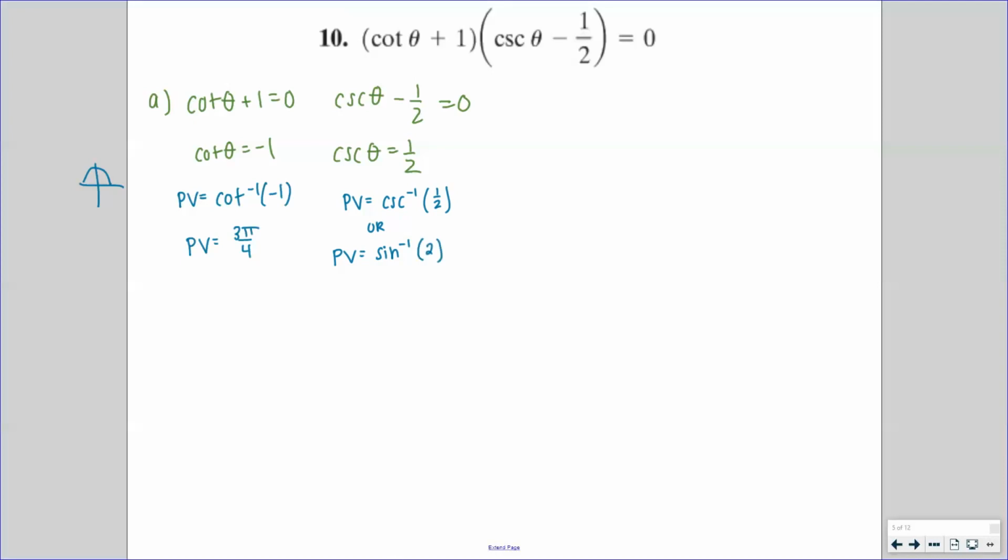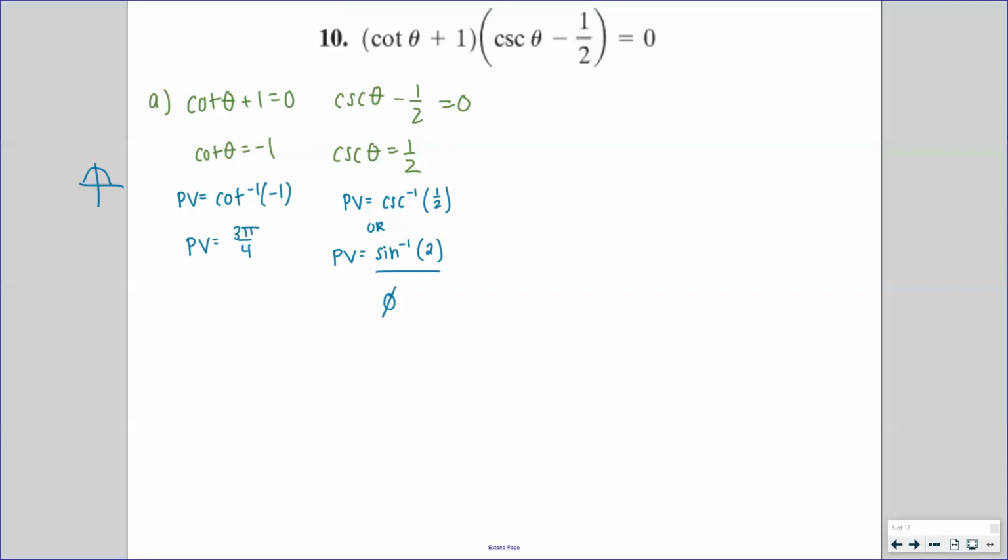We're looking for what angle has a sine value of 2. But remember, if we go back to the sine curve, the min and the max of sine is -1 and 1. Our sine curve is not going to go up to 2. The maximum for sine is only 1. So this actually doesn't yield a solution.